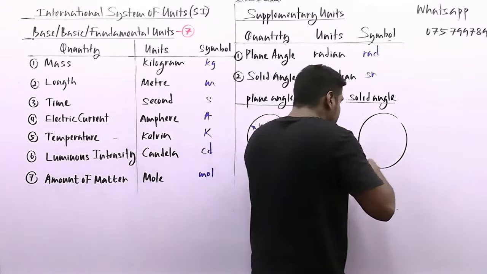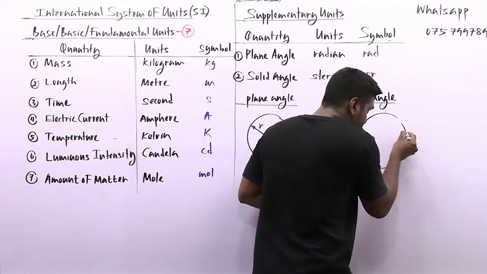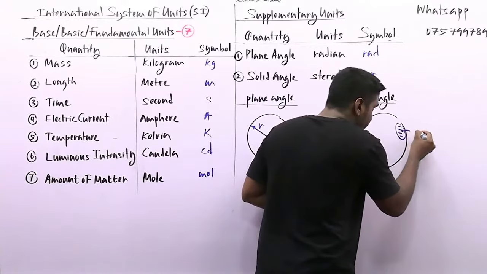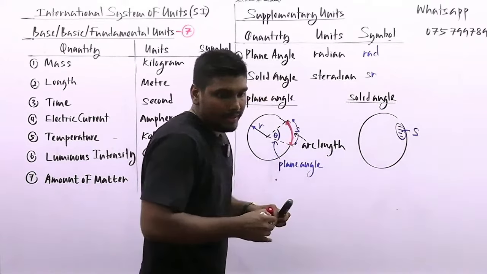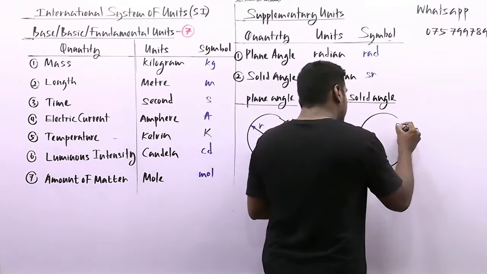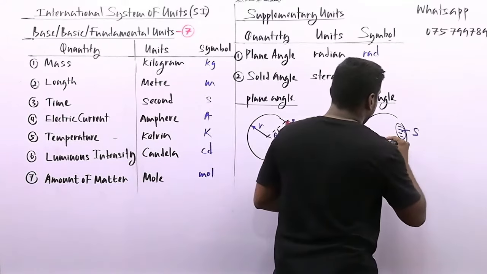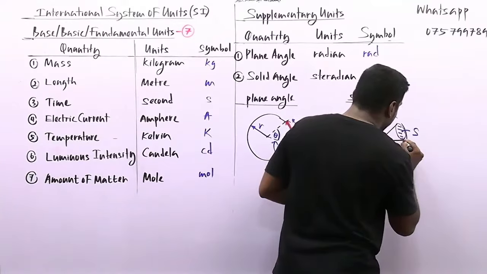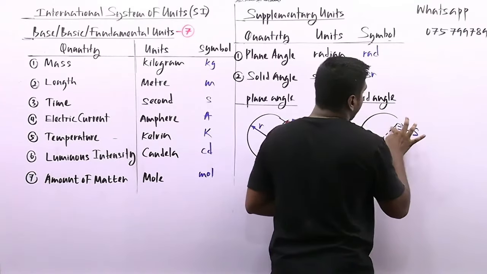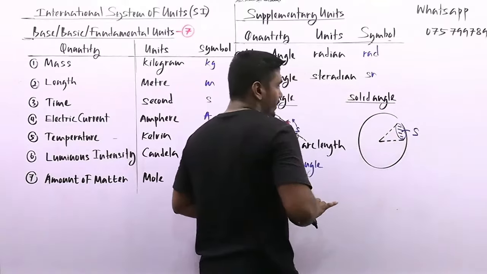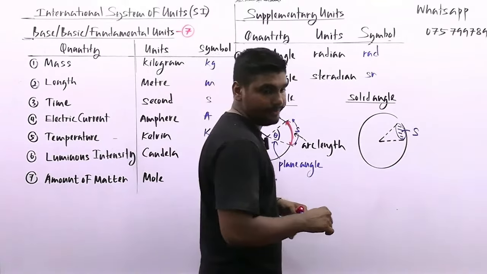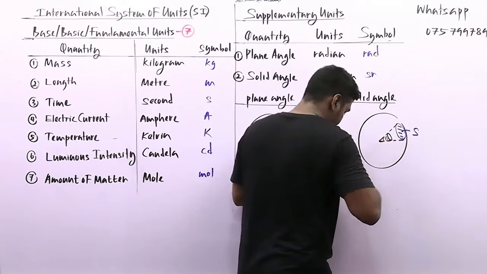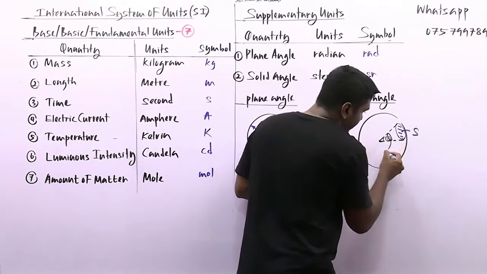When you select capital S surface area on the sphere, the angle obtained by capital S surface area at the center of the sphere is what we call a solid angle. Okay, this area, so this angle is what we call a solid angle.